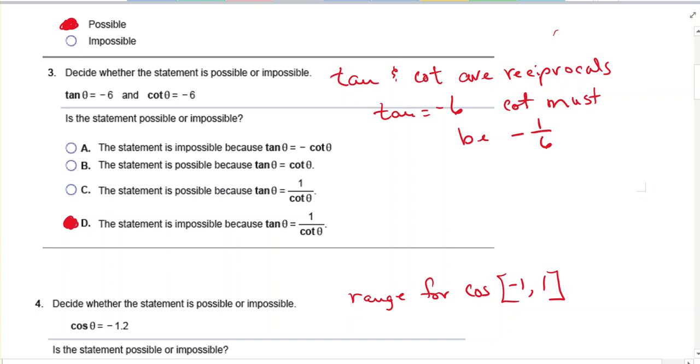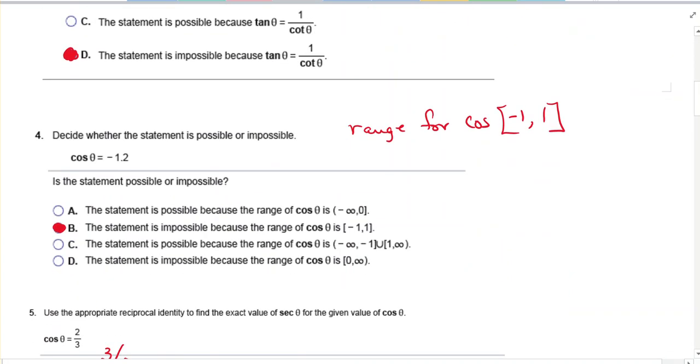Tan is -6 and cotan is -6. Well, since tan and cotan are reciprocals, then that can't be true. They can't be the same thing, so they have to be flipped. So that statement is impossible because they're reciprocals of each other.